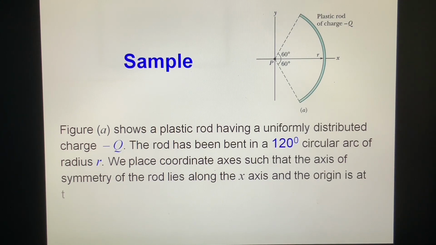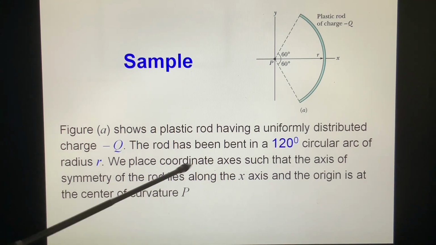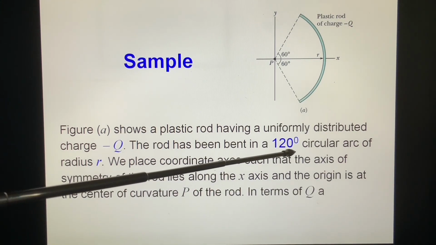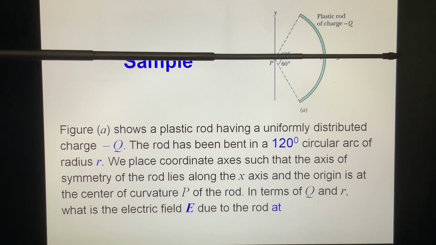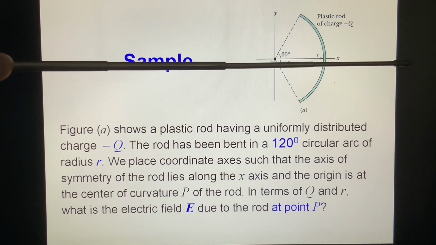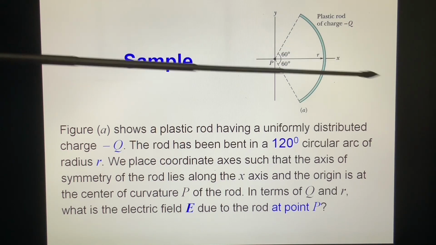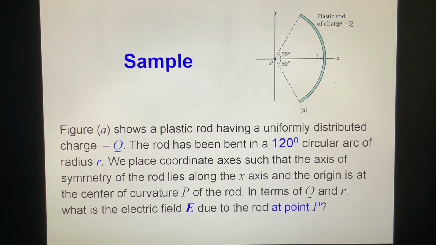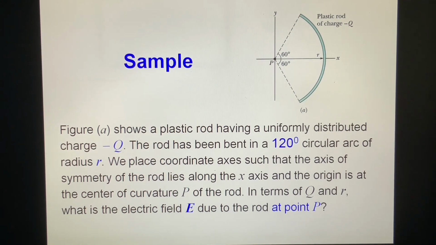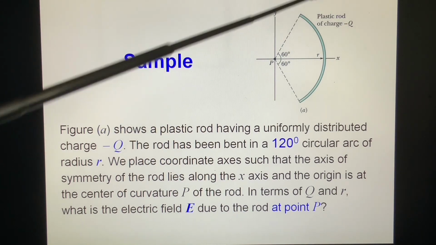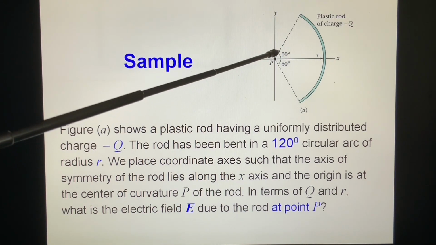We place coordinate axes such that the axis of symmetry of the rod lies along the x-axis. So this is the x-axis. The origin is at the center of curvature P. In terms of Q and r, what is the electric field E due to the rod at point P?